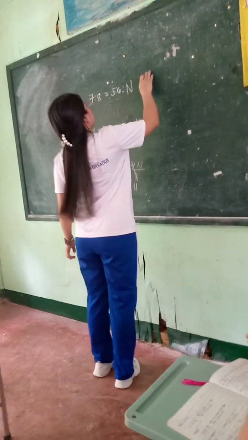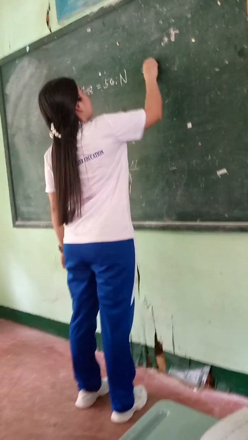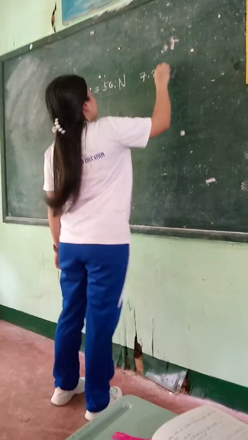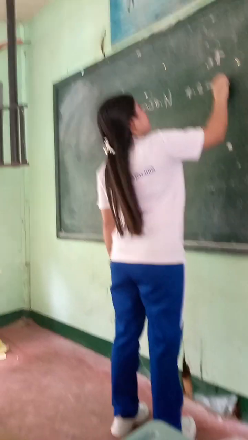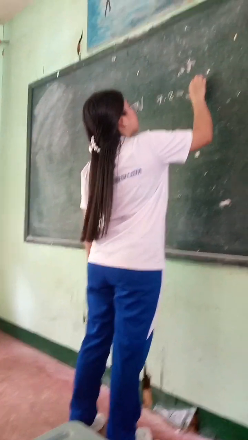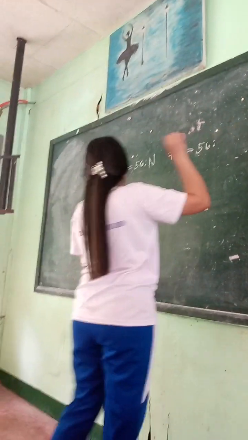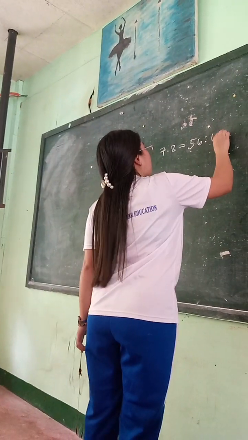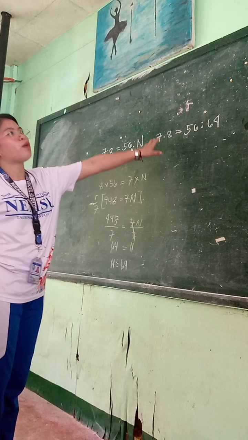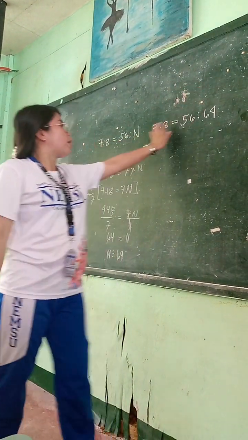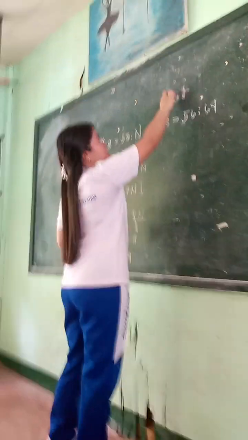We are going to substitute it. So 7 is to 8 as 56 is to 64.